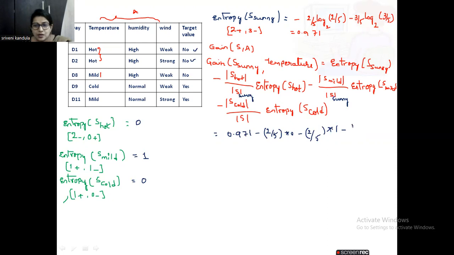We have only one example and cardinality of S sunny is 5, multiplied with the entropy, which is 0. If you simplify this, you will get a value of gain of S sunny comma temperature is 0.570.